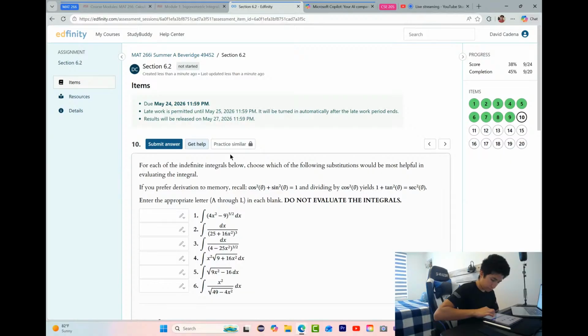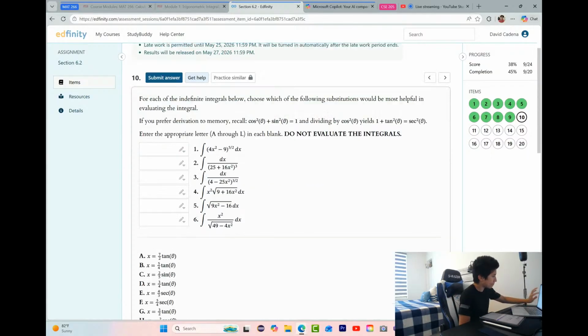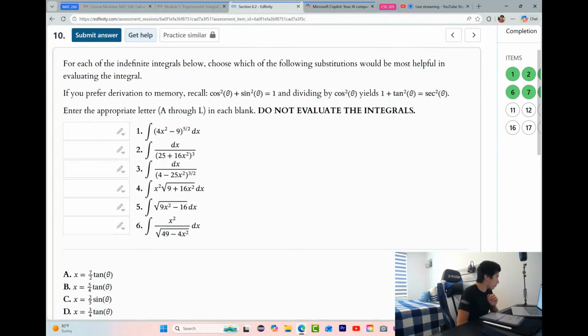Here we go. Cool. Let's continue. For each of the indefinite integrals below, choose which of the following substitutions would be most helpful in evaluating the integral.